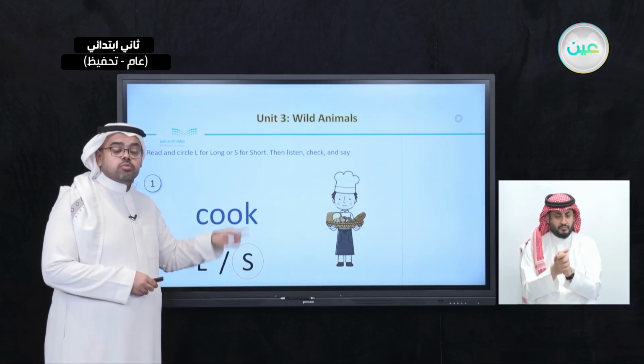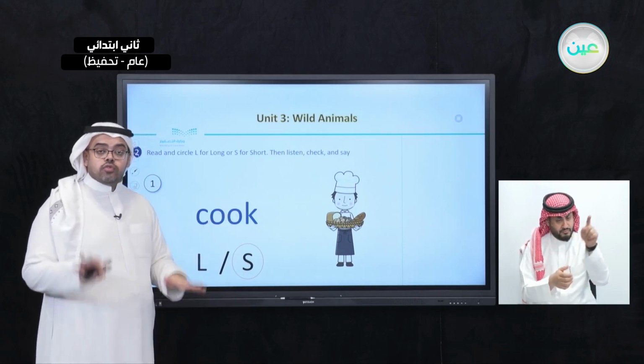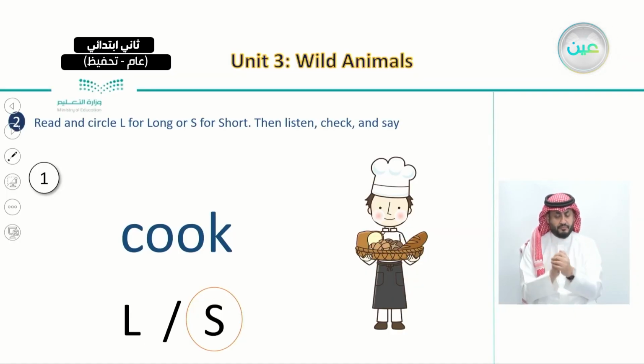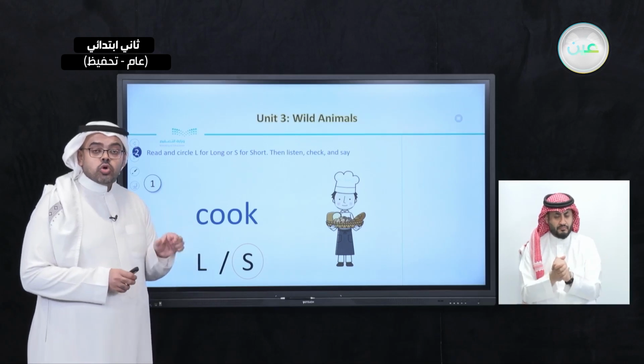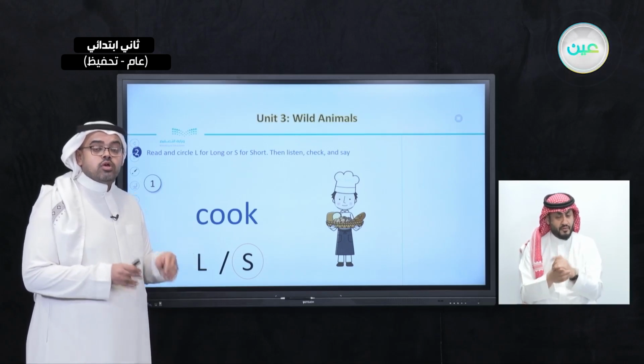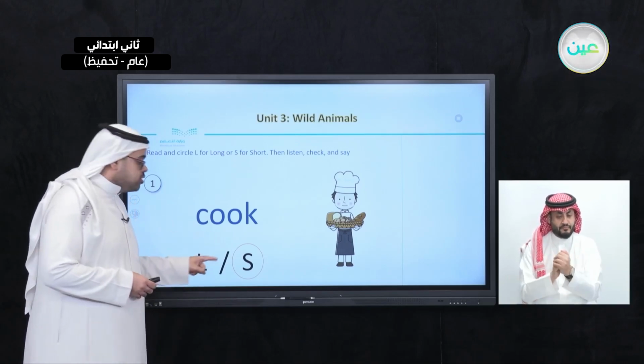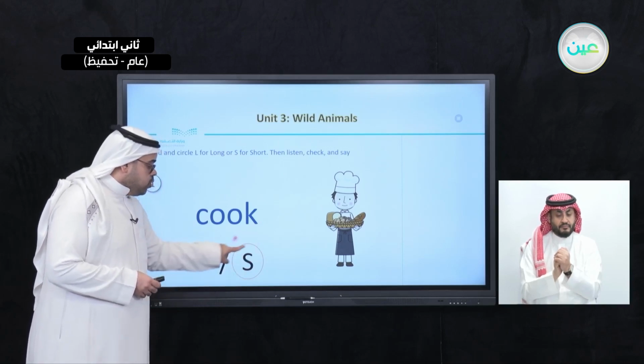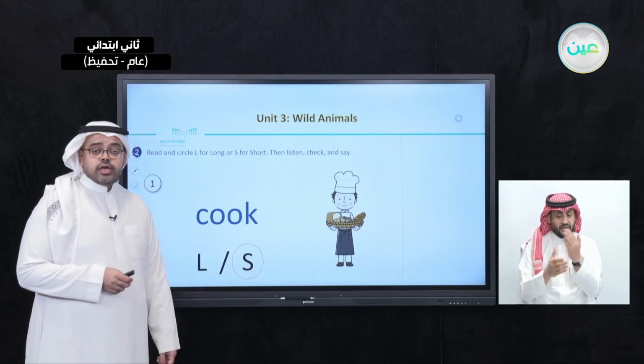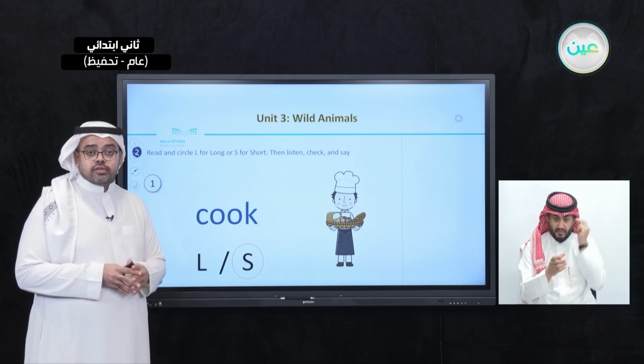And when it does, we're going to circle. So for example, this word, cook, cook. Cook has the short form of double O's. So we'll go and circle letter S as an example.